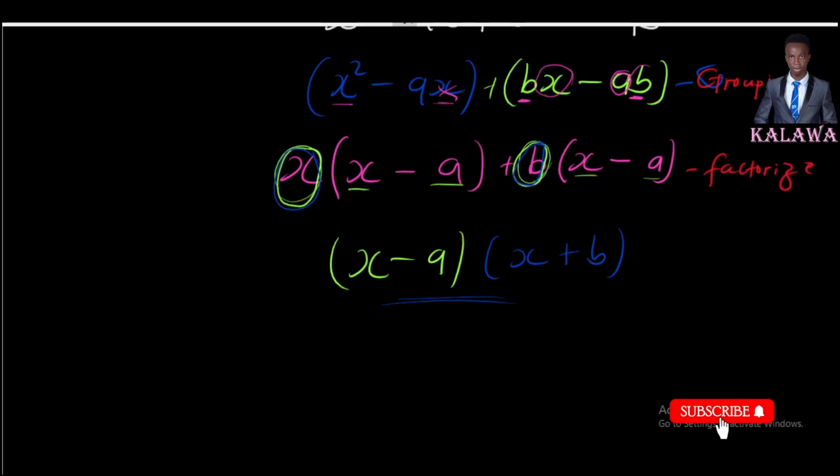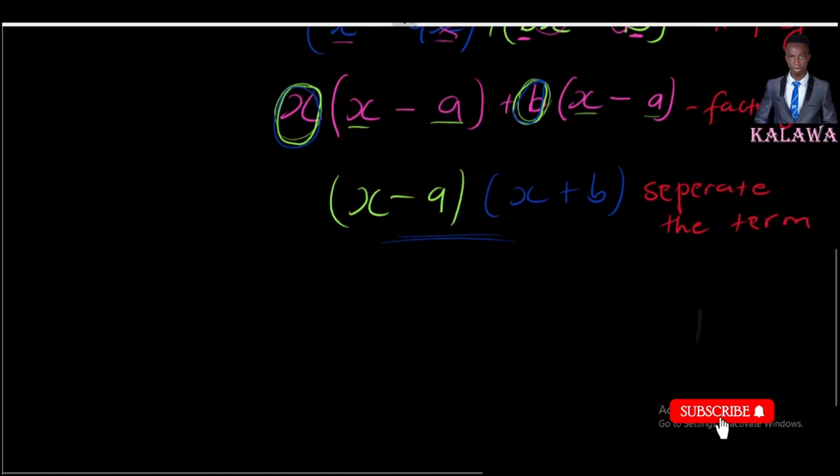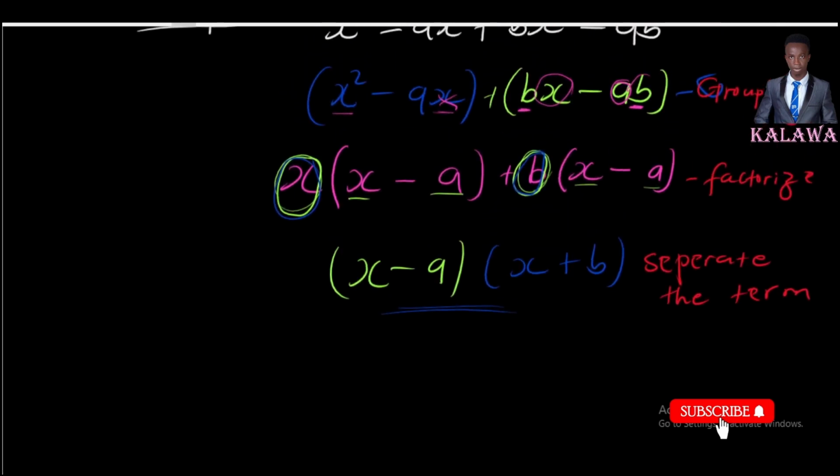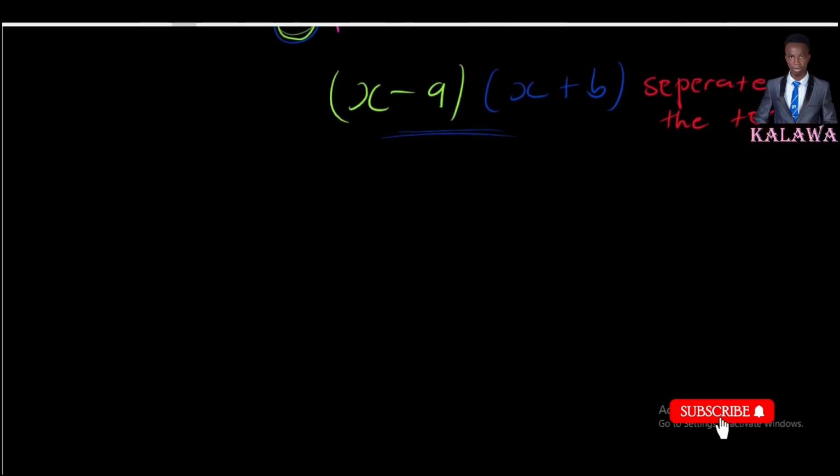And then we separate the term. So follow these three steps to solve any factorization using the method of grouping. Let's take another example for you to understand clearly.